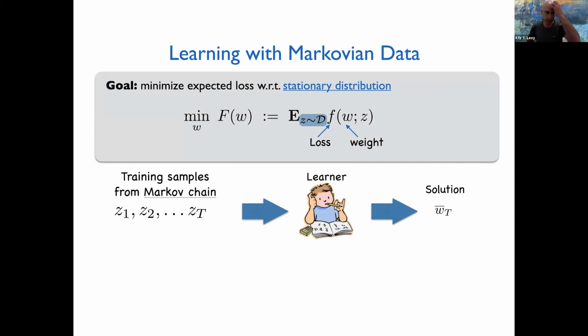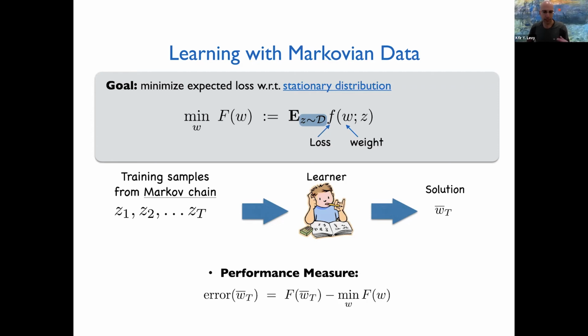The learner would like to generalize well with respect to the stationary distribution, which is the natural distribution to relate to. Our performance measure is the generalization error with respect to this stationary distribution.